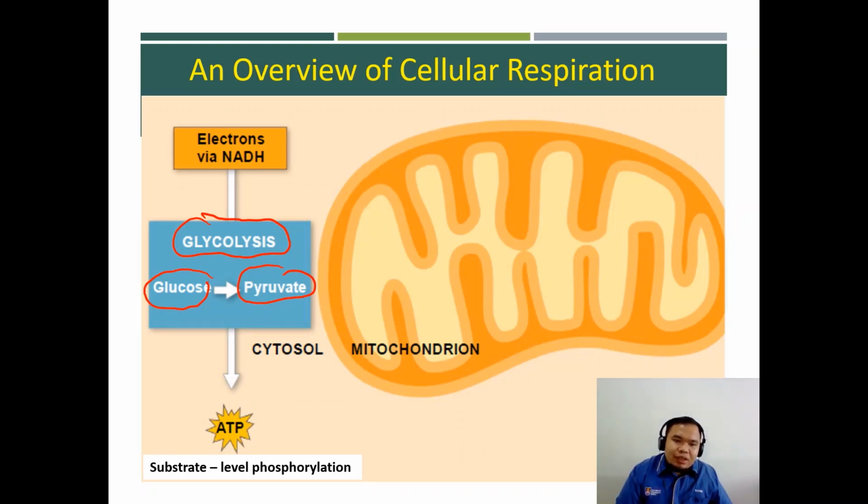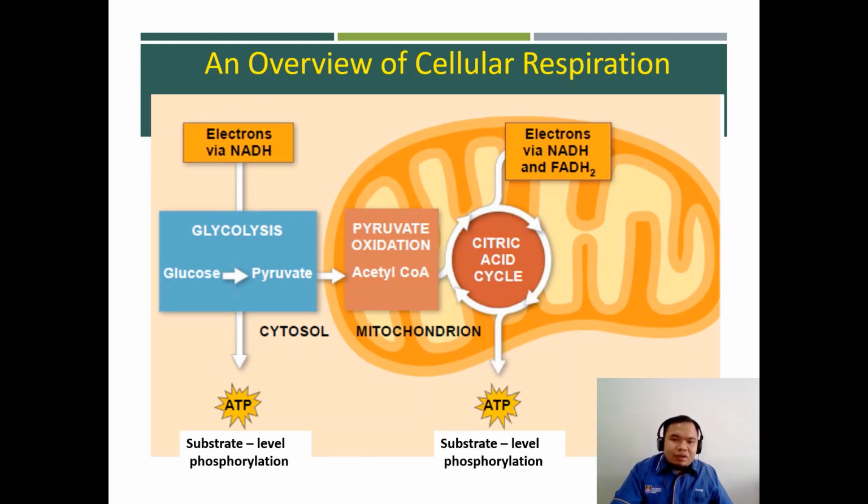This process occurs in the cytosol. It produces ATP by the process of substrate level phosphorylation, and besides that, it also produces NADH, the carrier of electrons. Next, pyruvate undergoes pyruvate oxidation, where it is oxidized into acetyl-CoA, in which pyruvate enters the mitochondria.